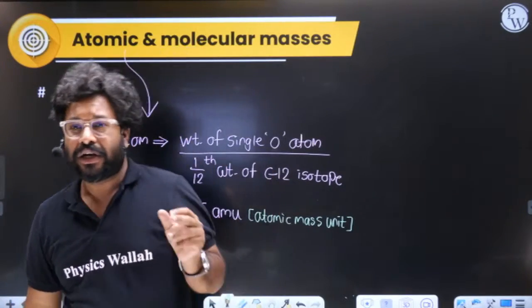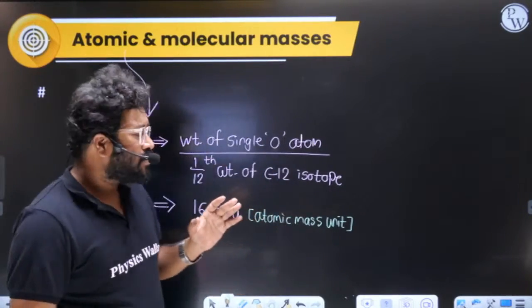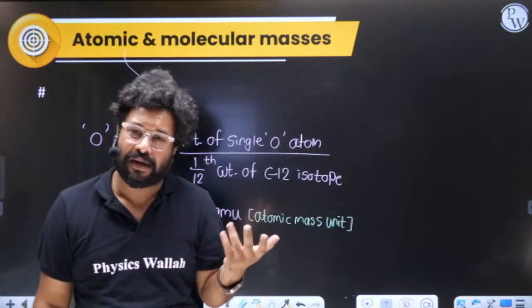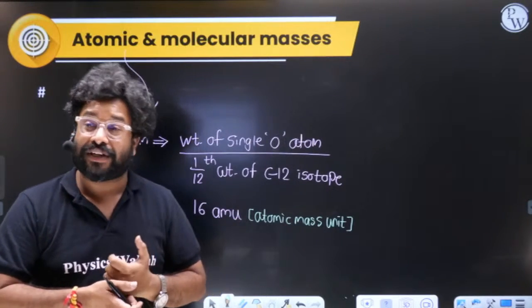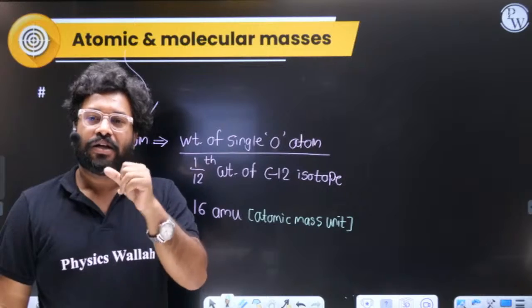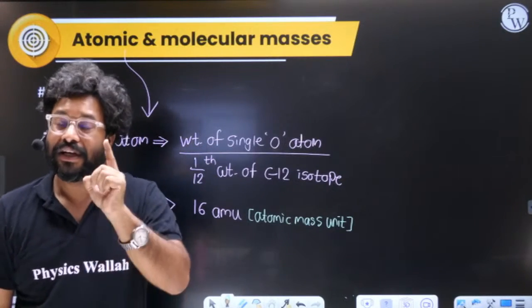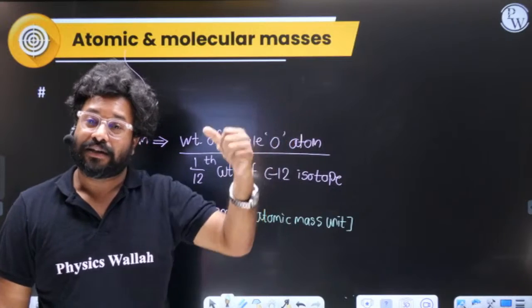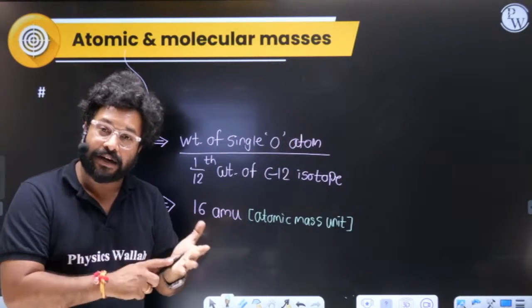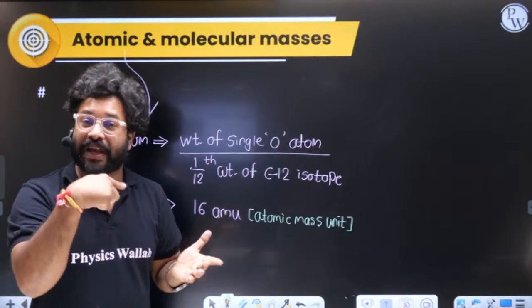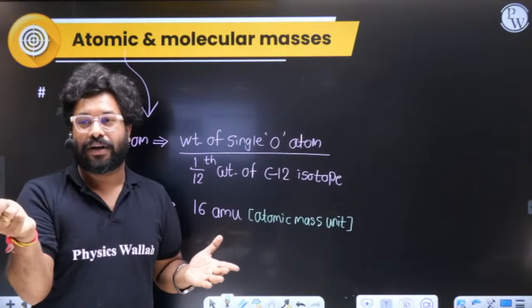Atomic mass unit. Now many of you might be puzzled: sir, here we have written 16 AMU, but while solving the question we take 16 grams, right? So when I take 16 grams, it's a gram atomic mass. That means the weight of an atom expressed in grams is gram atomic mass.